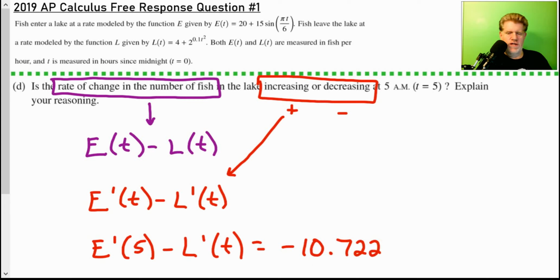or 723, I think it rounds to 723. Well, it's negative, so that means the rate of change of the number of fish is decreasing at 5.